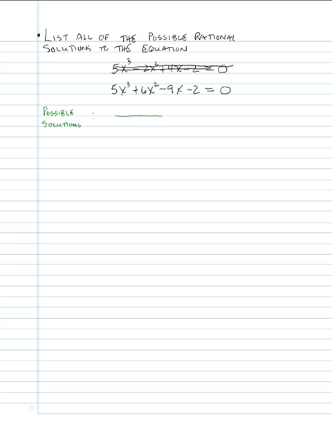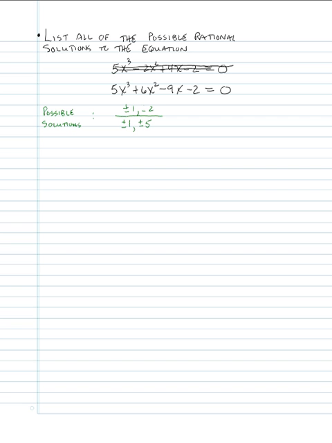And so we're going to have fractions where we have factors of the constant term, in this case is -2, but it wouldn't really matter if it's +2 or -2. 1 or -1 is a factor, and 2 or -2 are factors of 2 and -2 both. So our numerator is going to have one of those 4 numbers in it. Our denominator has to be factors of the leading coefficient 5. Well, the only factors of 5 are 1 and 5, but we have to consider positives and negatives.